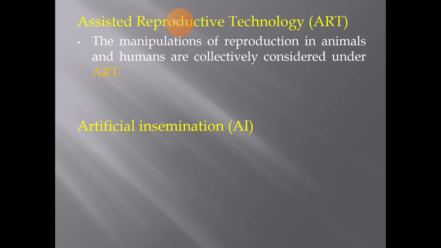See, the manipulation of reproduction in animals and human beings are collectively studied under the heading ART, that is Assisted Reproductive Technology. When it comes to humans, sometimes ART is referred to as MART, that is Medically Assisted Reproductive Technology.